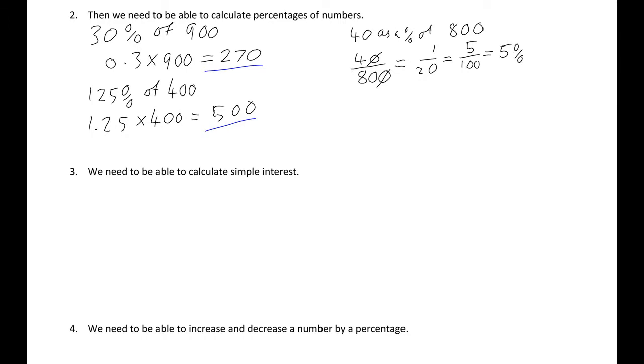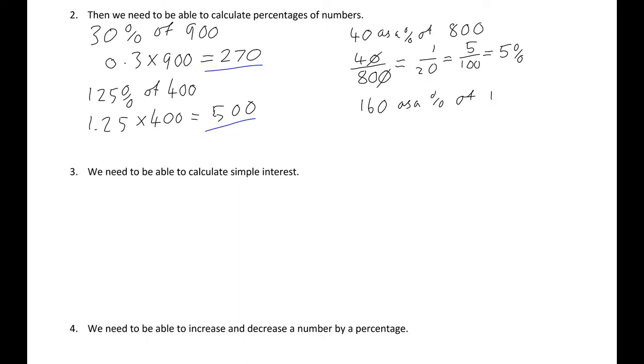per 100. So when you are calculating one number as a percentage of the other number, the one that's percentage of goes on the bottom, and the one that you're working out what it is a percentage goes on the top. Okay, so let me do another one. I'm going to do 160 as a percent of 120.